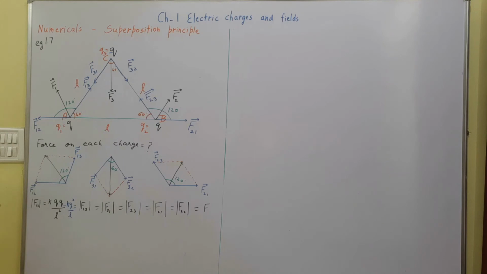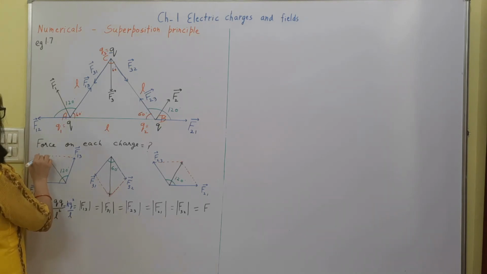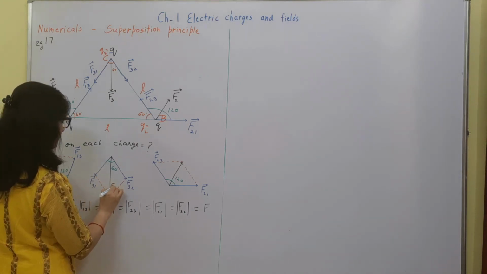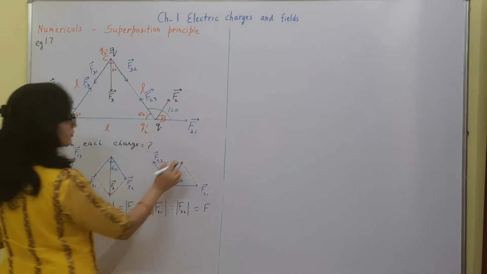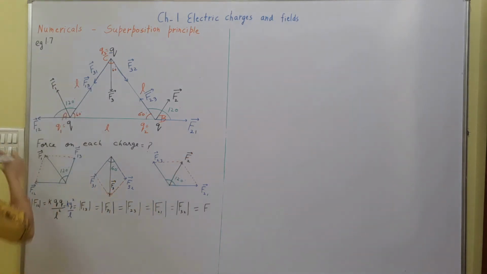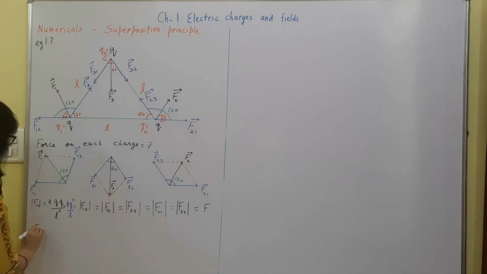Right? So now we can find the resultant force in each case. This we are marking as F1, this we are marking as F3, and this we are marking as F2. Right? So how will we find the magnitude of F1?